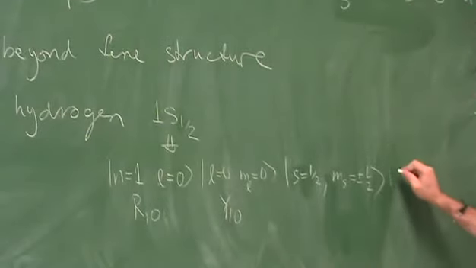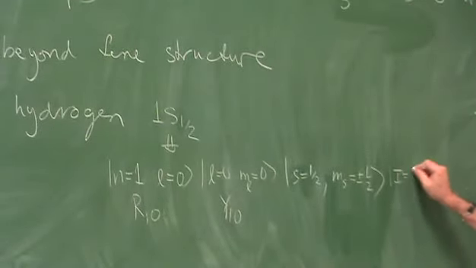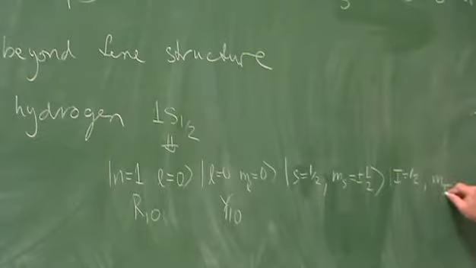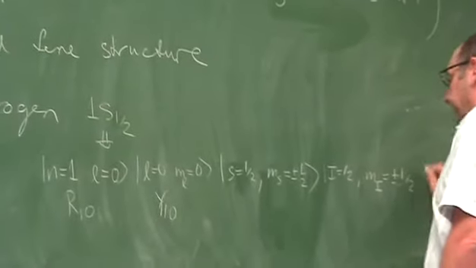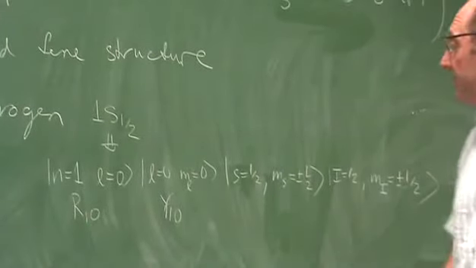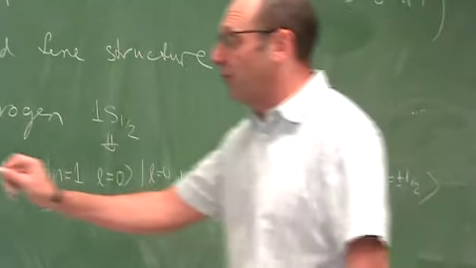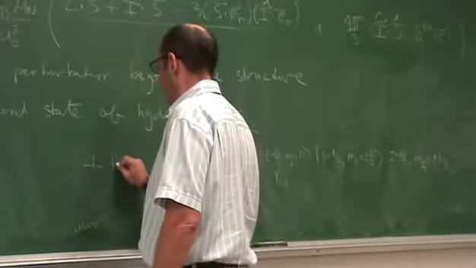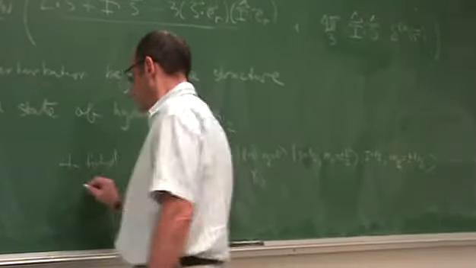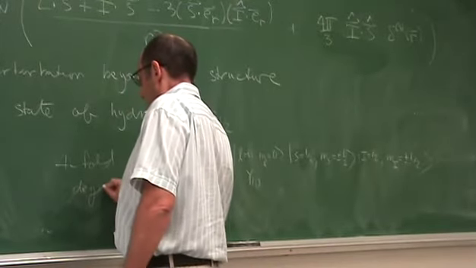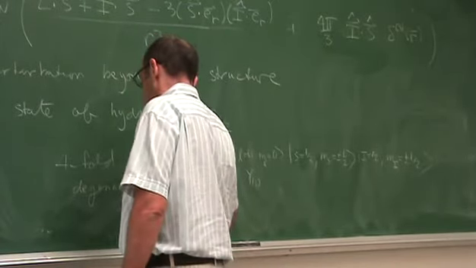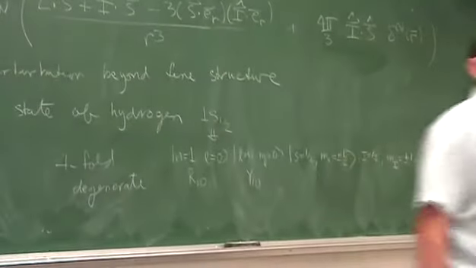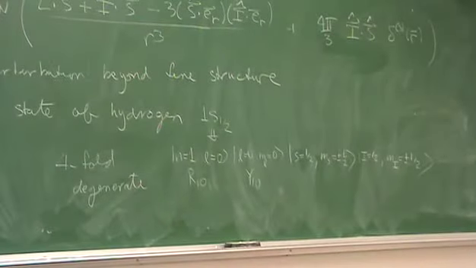So we better include I is a half, and M sub I is plus or minus a half. So this state is fourfold degenerate. Right? Everyone clear on that?